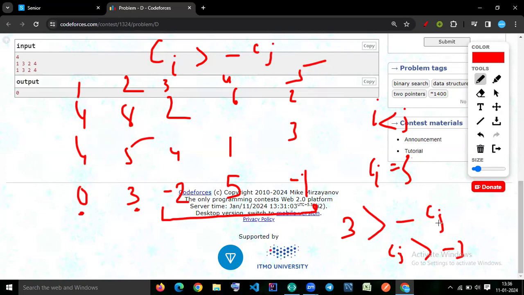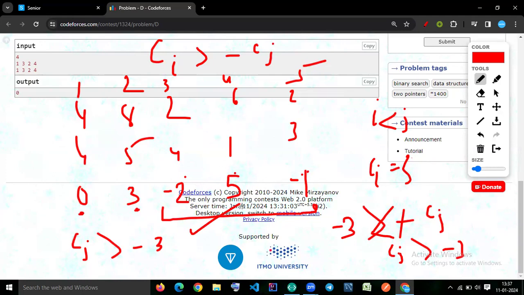If I multiply both sides by minus 1, the sign becomes positive and the inequality sign changes, so C_j is greater than minus 3. Which elements are greater than minus 3? Definitely 1, 2, 3, so these are the 3 good pairs.